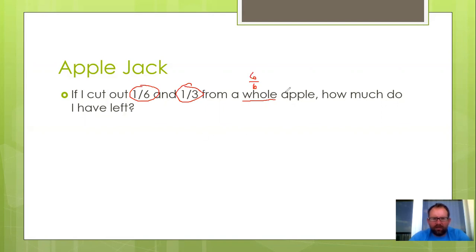So now what we're going to have is 6/6 minus 1/6 minus 1/3. Go ahead and fill in the numbers real quick.